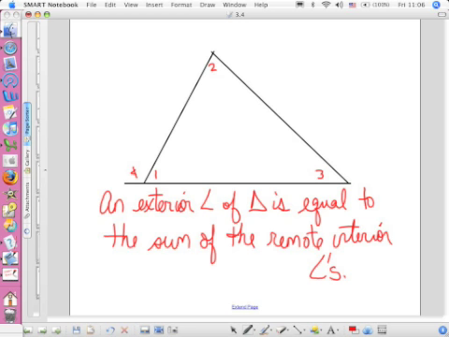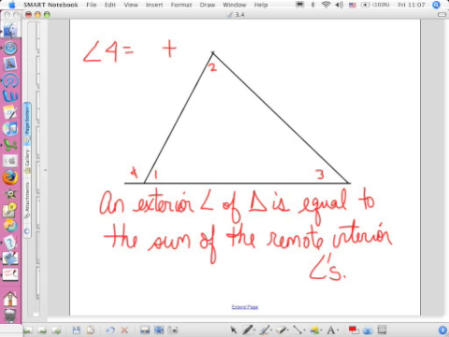Angle 4, okay? In this theorem it says that an exterior angle of a triangle, which would be angle 4, is equal to the sum, which means you're going to add two things together, of the remote interior angles. Now we have two words there: remote and interior. Interior means they're inside the triangle.